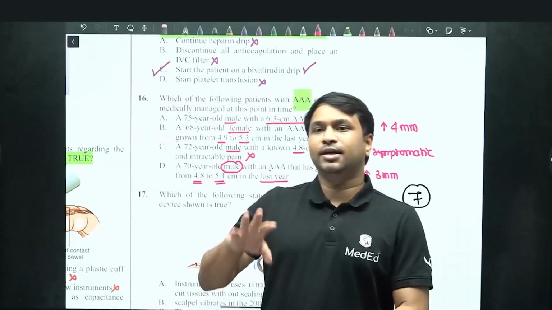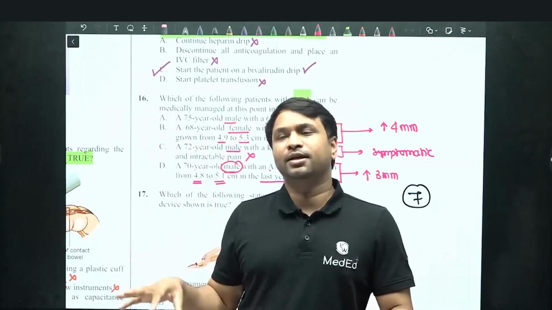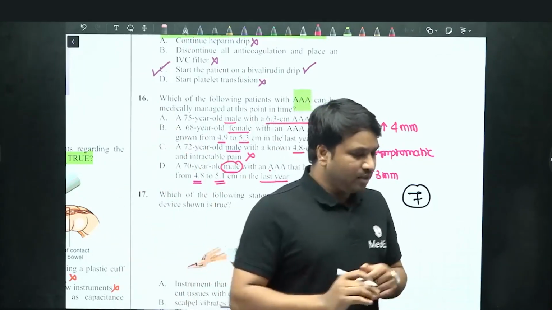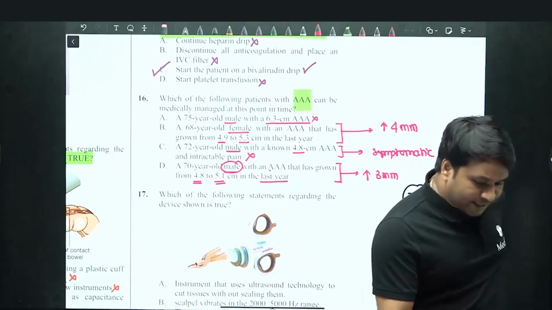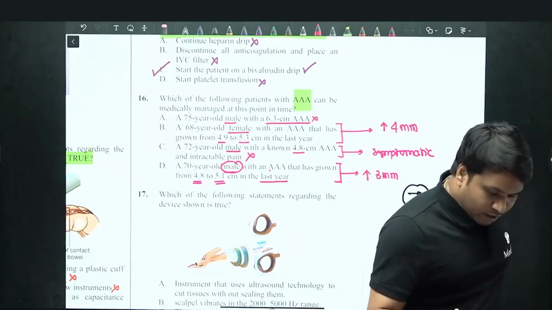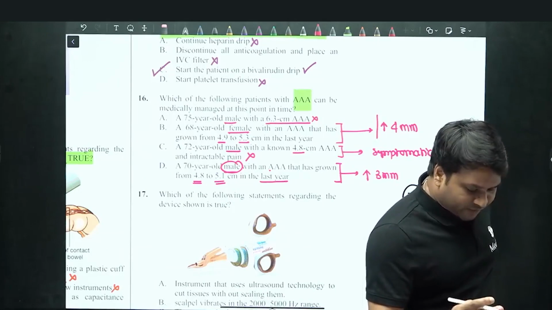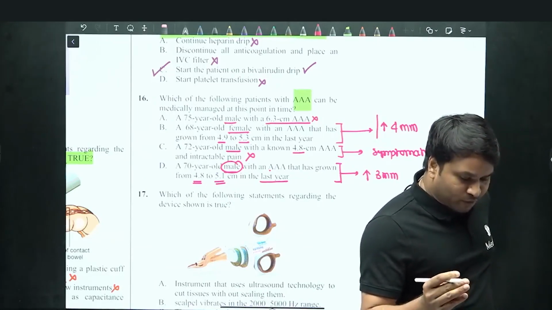In males, the critical increase is 10 millimeters. In females, the critical increase is 5 millimeters. Now, which of the following patients can be managed medically at this point, right? In females, the increase is 4.9, 5, 5.1, 5.2, 5.3.